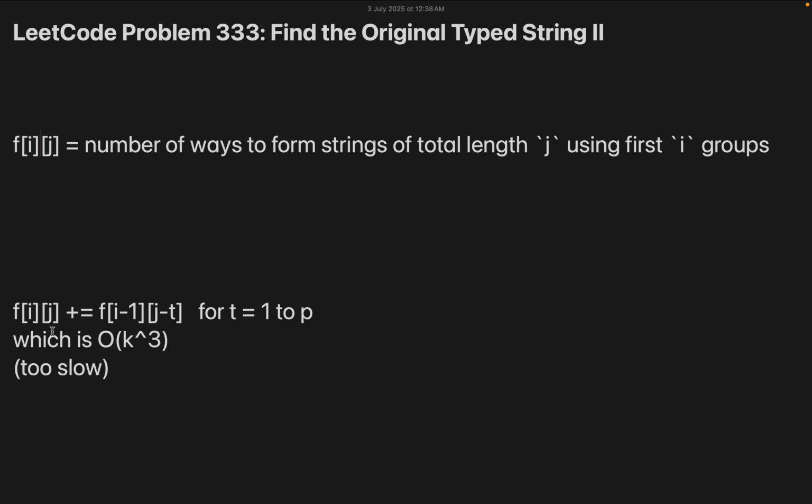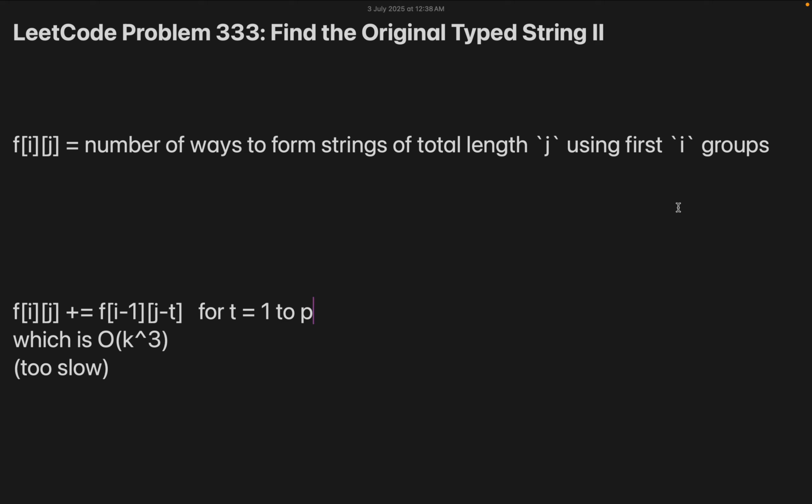Now we can find that by using this formula, which is f[i][j] += f[i-1][j-t] for t equal to 1 to p, where p is how many times the character was repeated in the character group. Basically we'll be calculating that for a given length j.